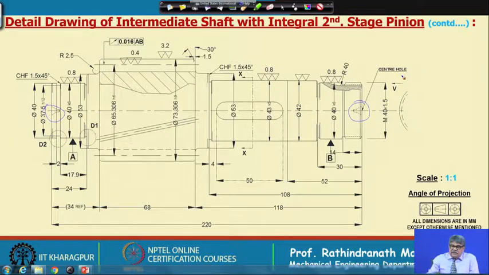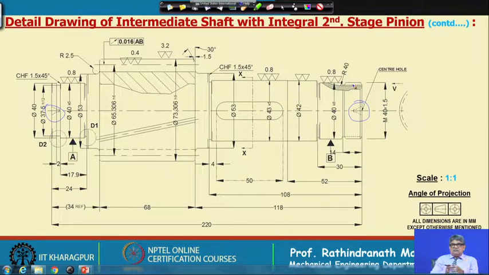In that way, if you see what the important dimensions are here, first of all 220 you have to keep in mind. Then first we will consider that here the bearing will sit, for which the width, if you remember, is 18 millimeter, and after that we will make this lock nut, and the lock nut thickness, from the catalog it can be changed, is only 7-8 millimeter.